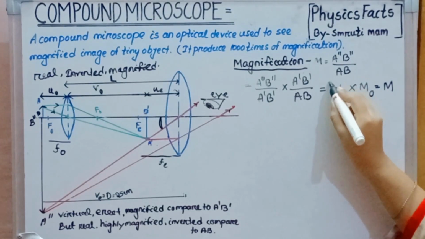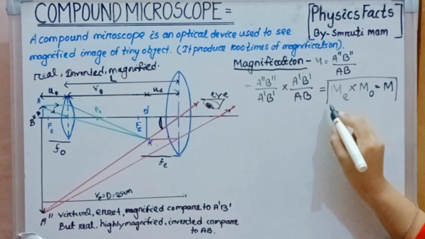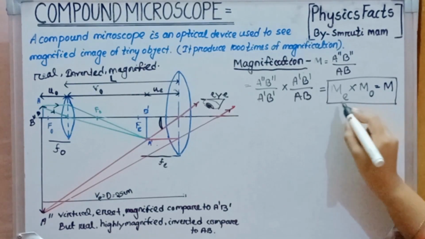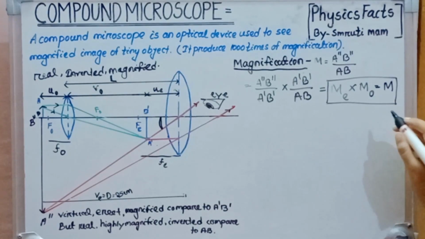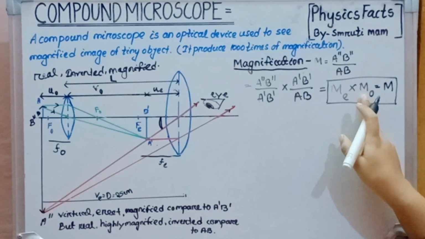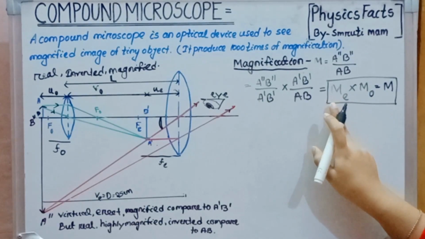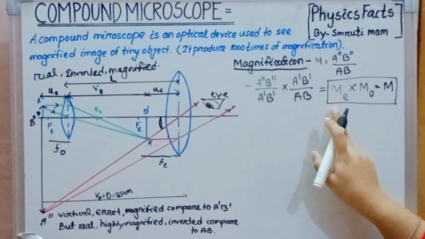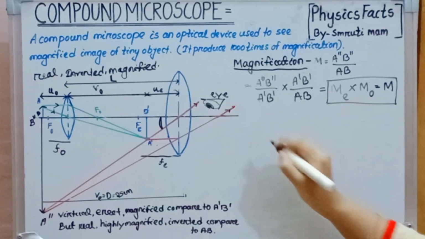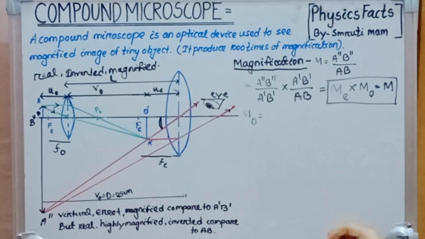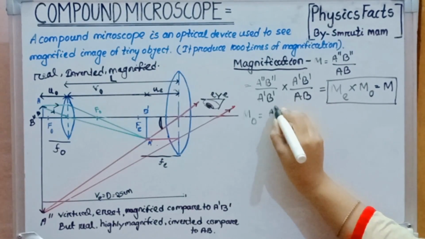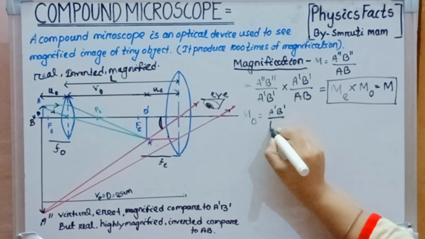Magnification of compound microscope is the multiplication of magnification of eyepiece lens and the magnification of objective lens. Now we derive individually the magnification of objective lens and magnification of eyepiece lens. Okay. Now what is magnification of objective lens? That magnification of objective lens, that is A prime B prime by AB.